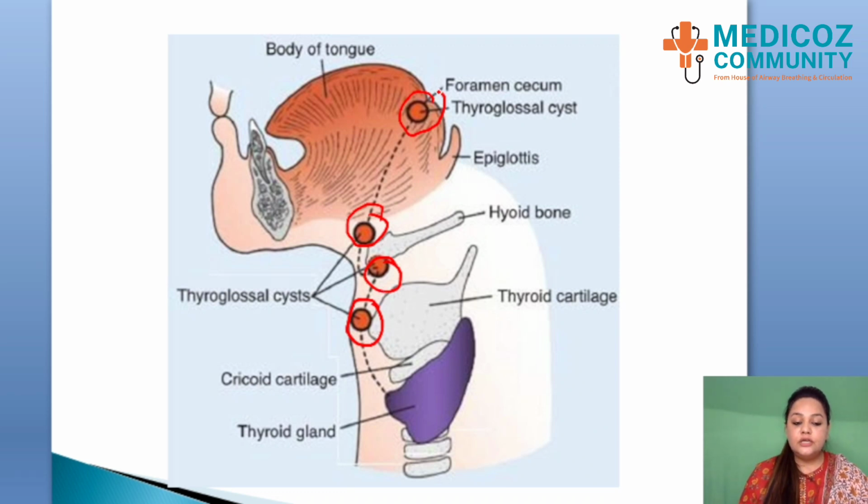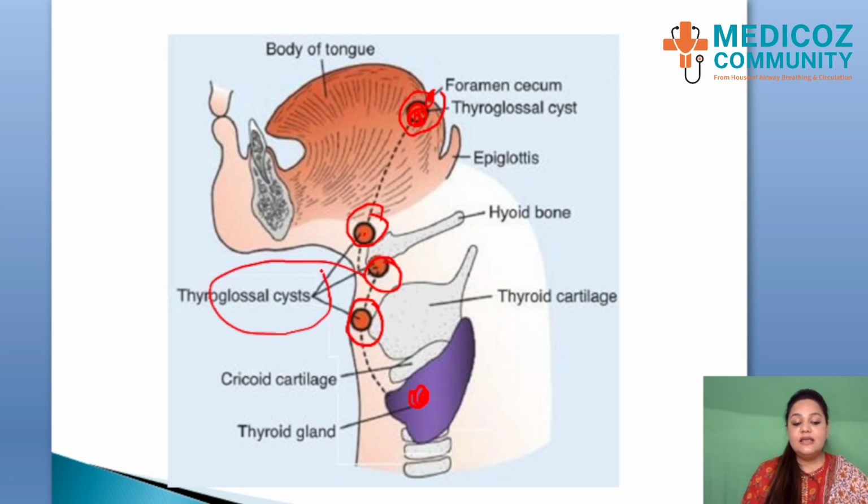So throughout the migration of the thyroid gland from the tongue to its position just in front of and below the thyroid cartilage, you may find the remnant of the thyroglossal duct, and that is considered a thyroglossal cyst. You can find it at the junction of the anterior 2/3 and posterior 1/3 of the tongue, above and below and in front of the hyoid bone, and in front of the thyroid cartilage.